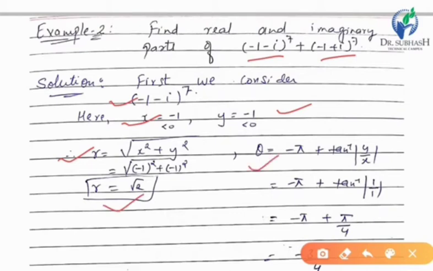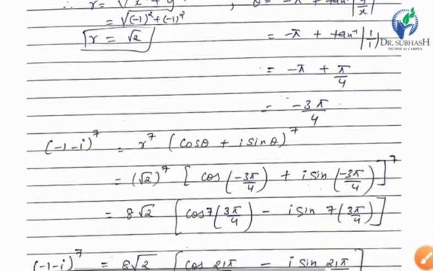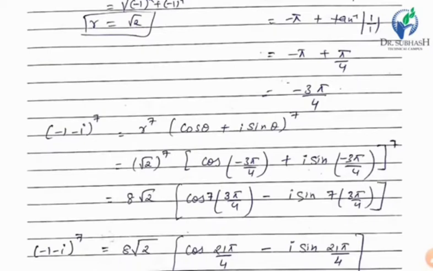And for theta, we will use the formula for the third quadrant, minus pi plus tan inverse y by x. Both are 1, so tan inverse 1 by 1 will be pi by 4. Taking the LCM, we get minus 3 pi by 4.